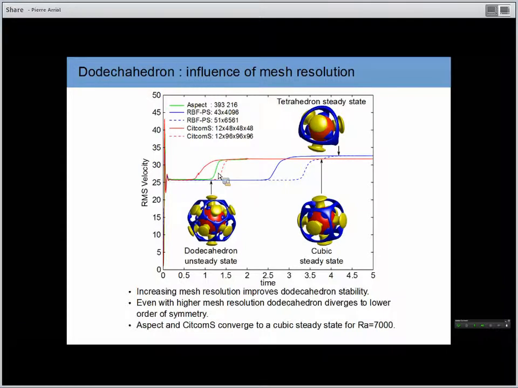The dodecahedral pattern corresponds to 12 positive anomalies. Here, the initial condition for this pattern is given by these equations with a combination of two spherical harmonics with order 6.